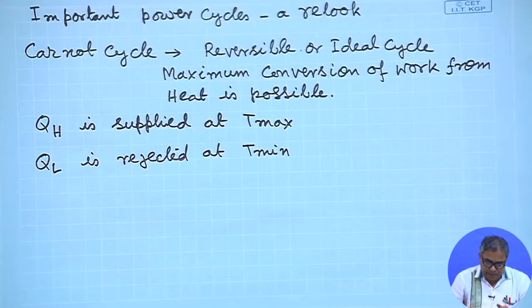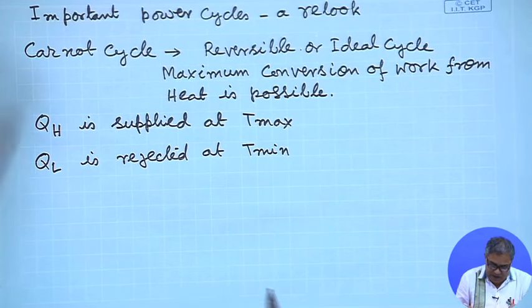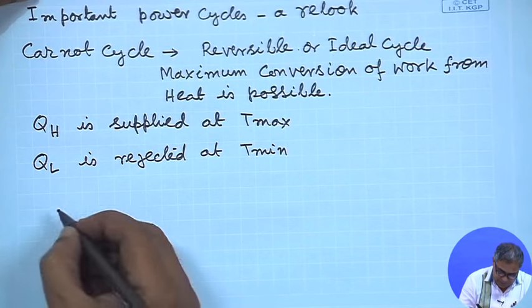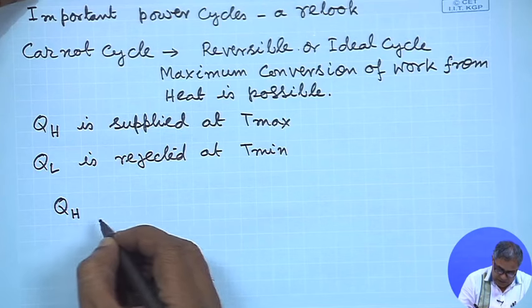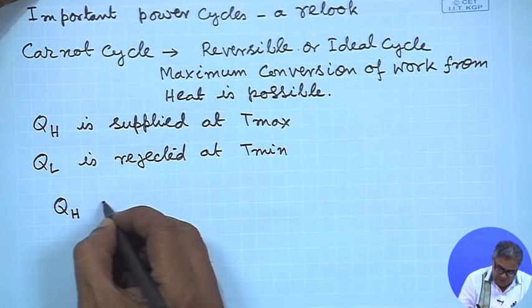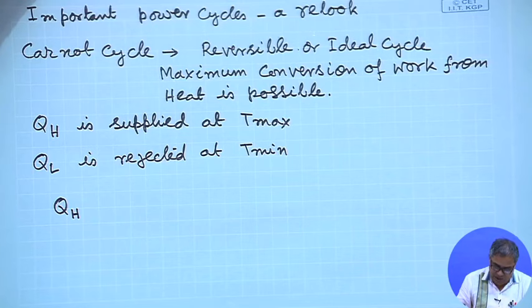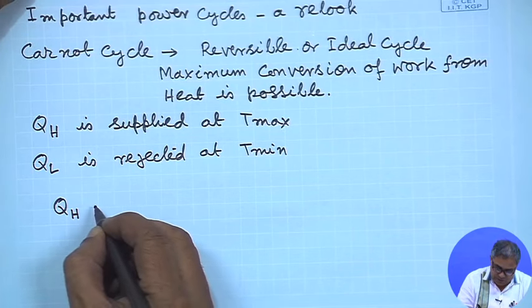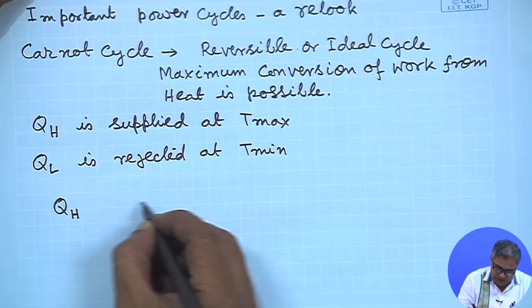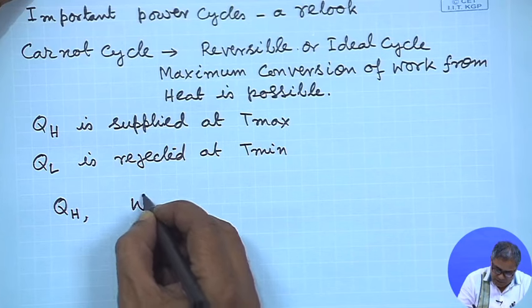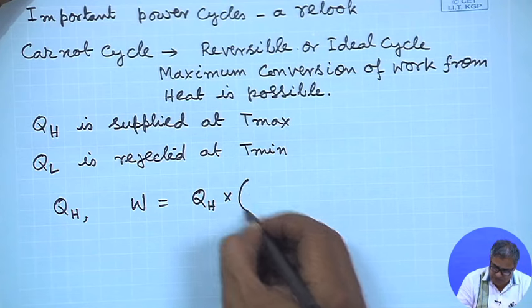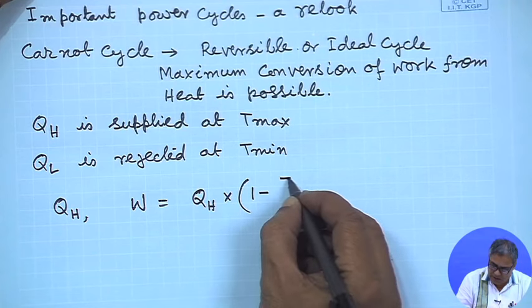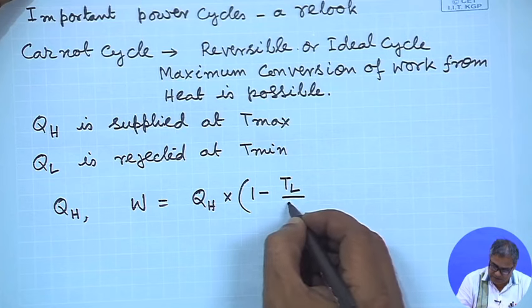Now, the efficiency of Carnot cycle is given by the following. If QH amount of heat is taken, then the maximum work that can be done by a Carnot cycle is W equal to QH into, I am writing the first law efficiency, 1 minus TL by TH.